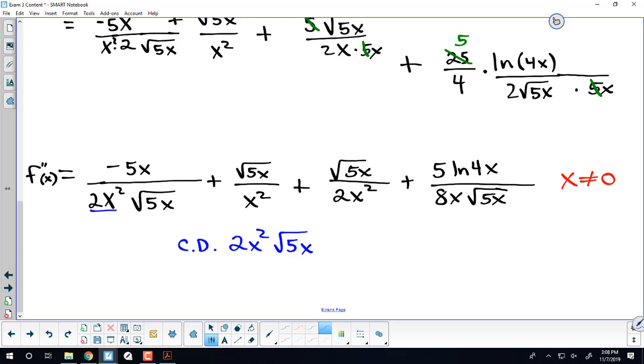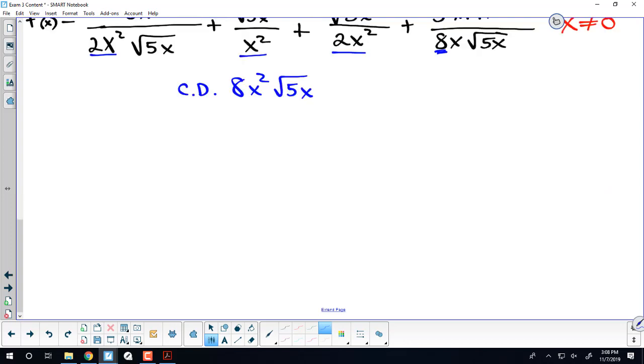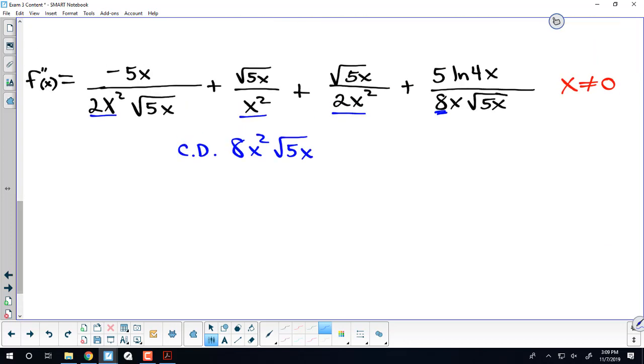So we have this 2x squared, need a 2x, need a 2 there. That's fine. We also have this 8, right? So it needs to be that. So what we need here is a 4.